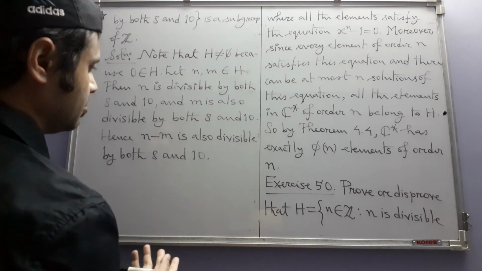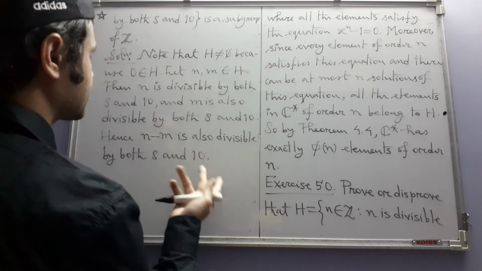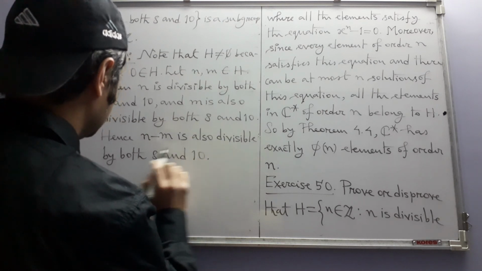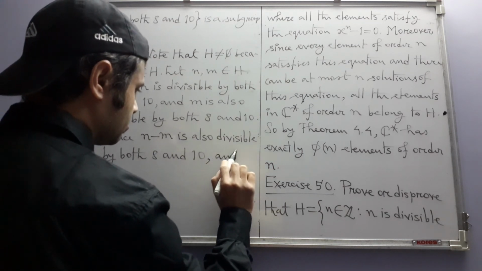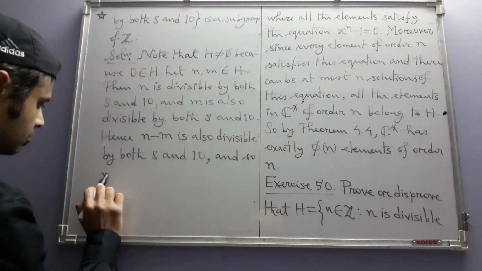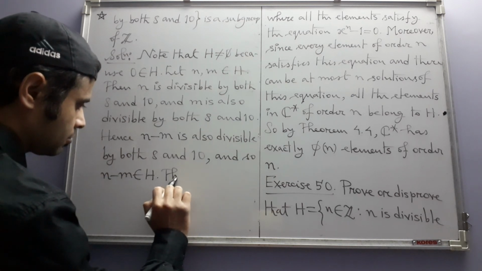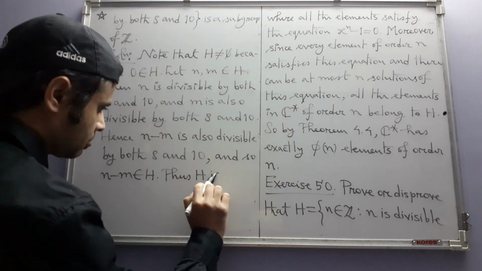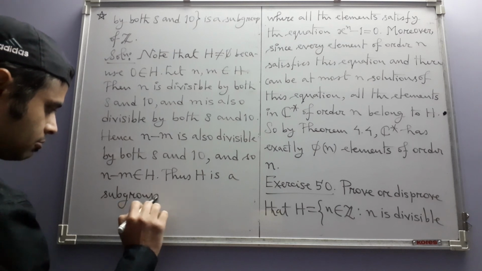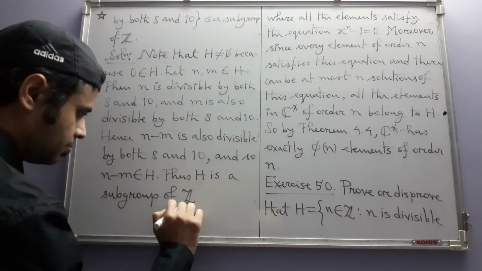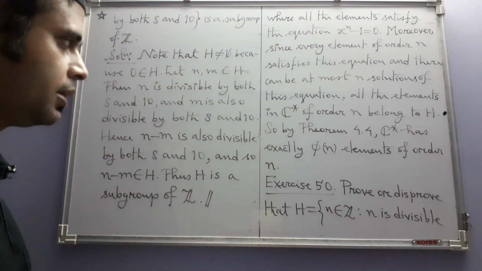I think in this exercise they play no role other than the fact that they are just some non-zero integers, both 8 and 10, and so n minus m belongs to H. So this is a subgroup of the additive group of integers. So this completes the solution, and here we end the video.